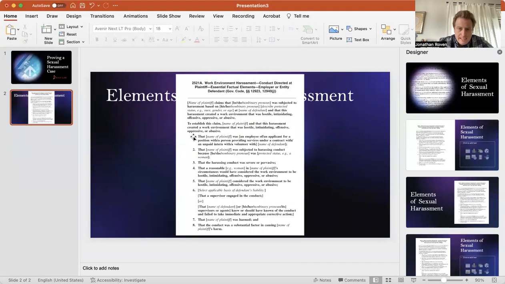It says that the plaintiff was an employee or an intern or someone providing services, and that they were subjected to harassing conduct because of their protected status.